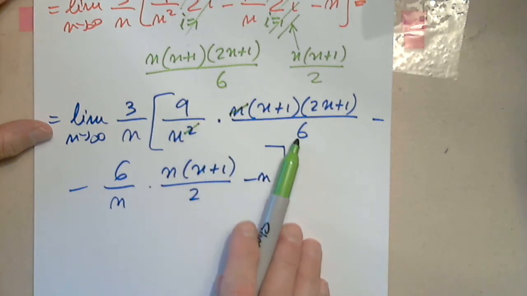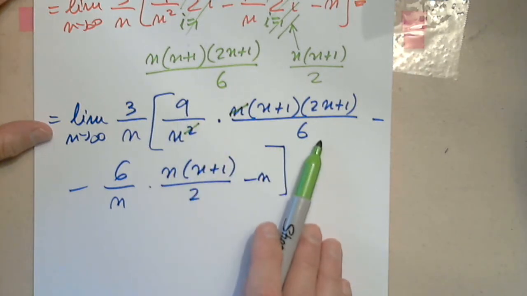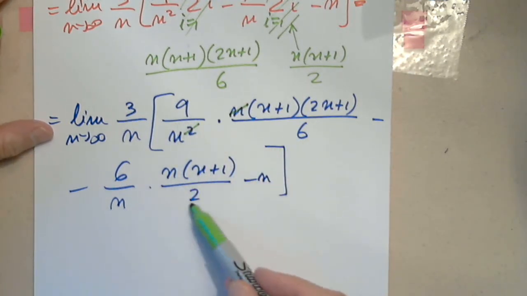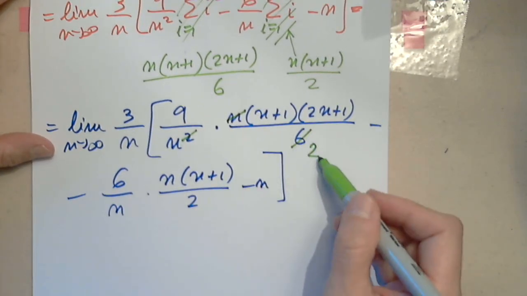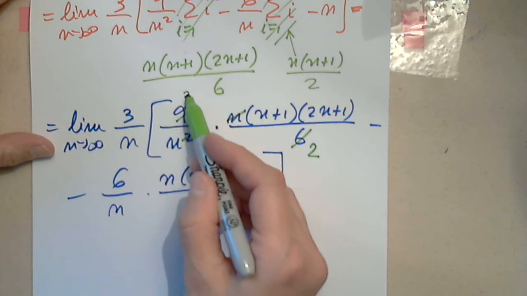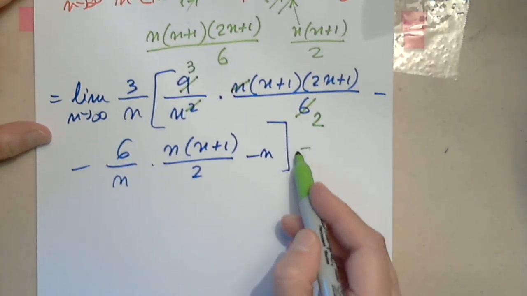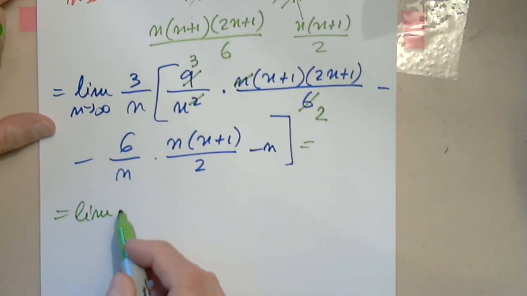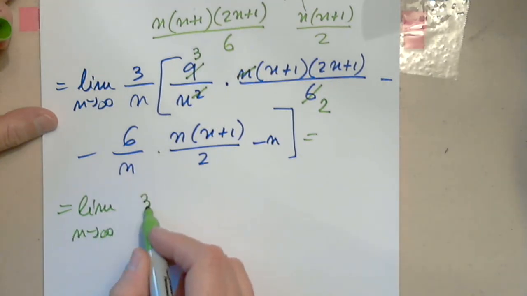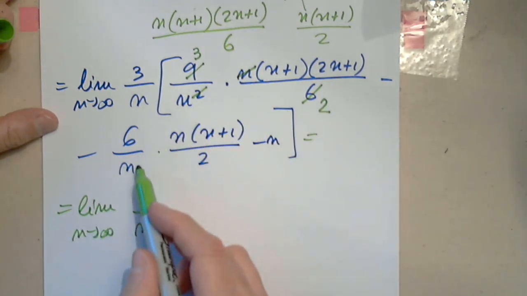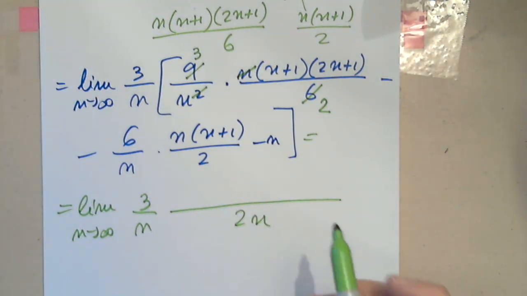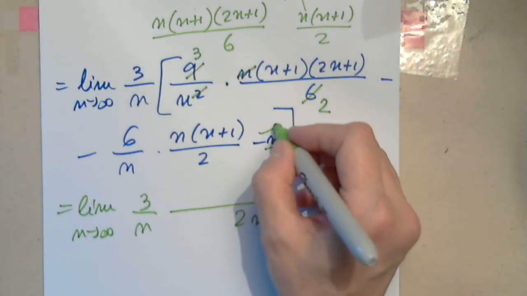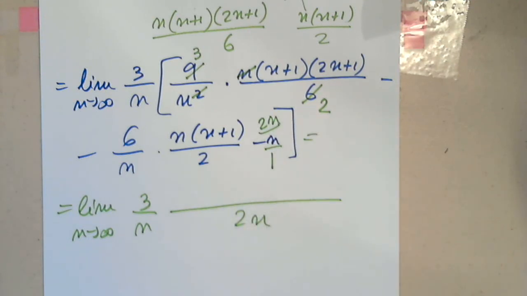I could simplify by 3 here, and the denominator is 2n here, that's fine, I love that. 6 divided by 3 is 2, and 9 divided by 3 is 3. So then I have limit as n approaches infinity of 3 over n. I realize that the least common denominator will be 2n. This is over 1, that's why it needs to be multiplied by 2n.